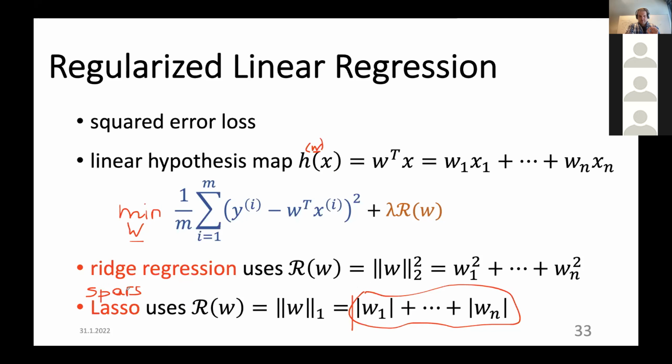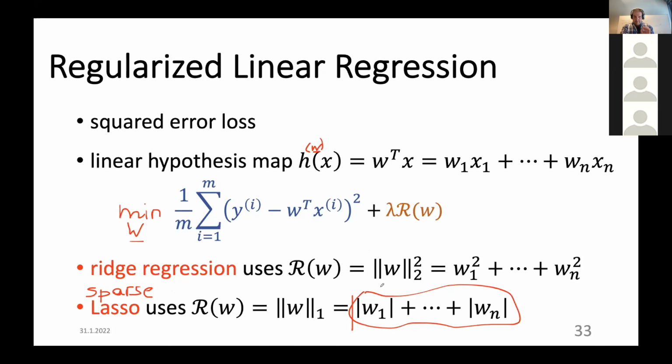When you solve this regularized empirical risk minimization for this Lasso regularizer, you will typically get only few non-zero weights. And this can be interpreted as pointing out there are only few features that are relevant, and the irrelevant features are zeroed out.